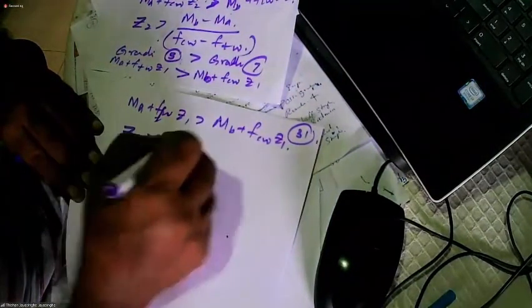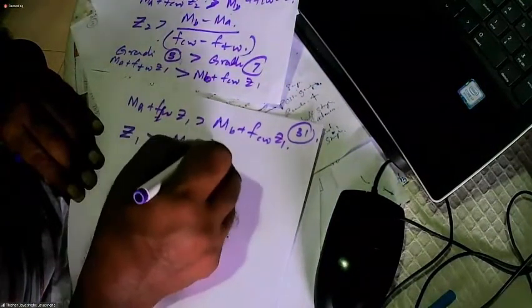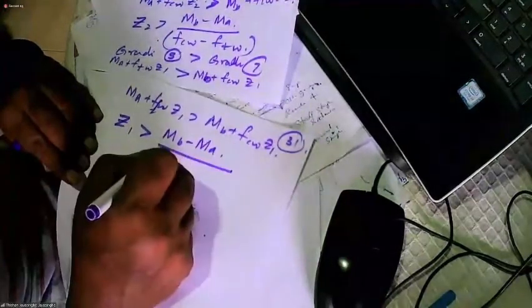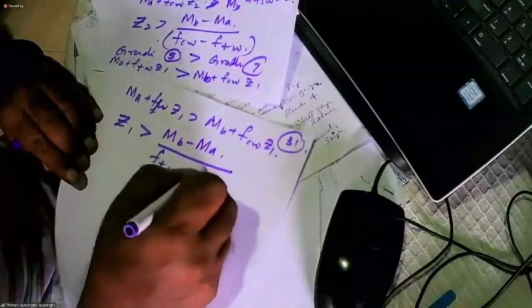From this one, you get Z1 shall be greater than MB minus MA divided by FTW minus FCW.